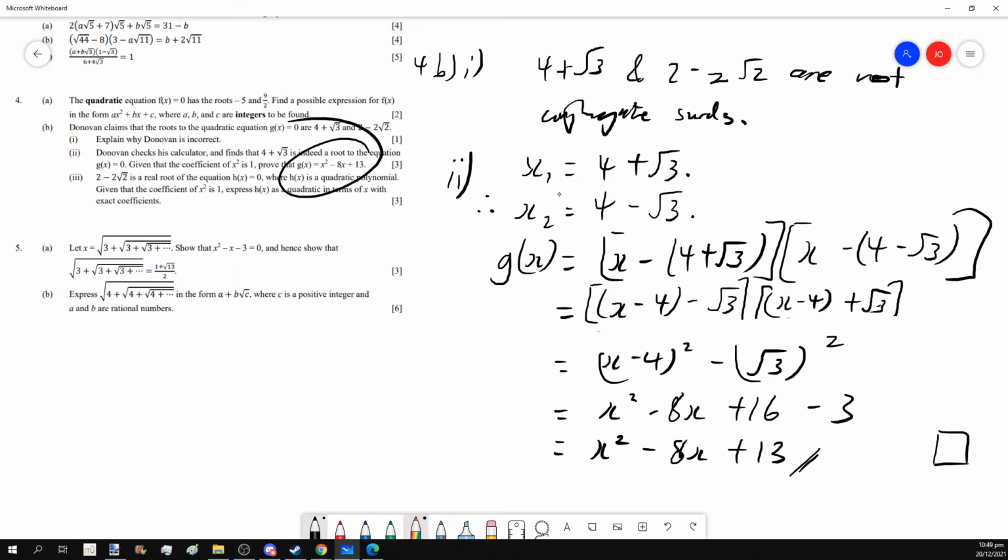Alright, so part 3, the last part, tells us that now we have a different math problem, and this time round, it is the other number, 2 minus square root 2. Then they want you to find the original math problem for part 3. So for part 3, the method will be the same. We will simply have x minus 2 root 2, which is what they gave us, multiplied by x minus, and then this time around, the second solution will be the conjugate surd.